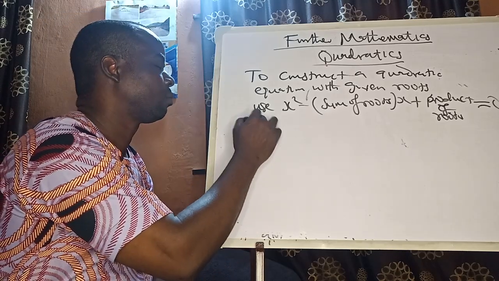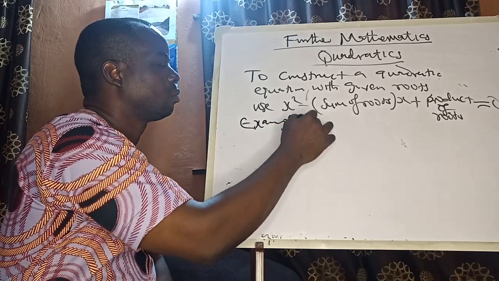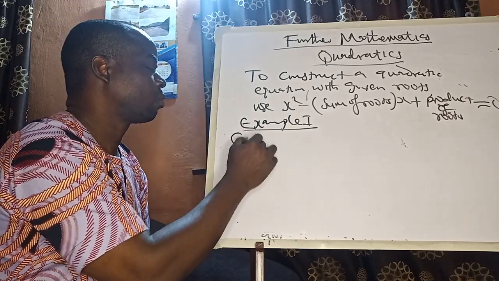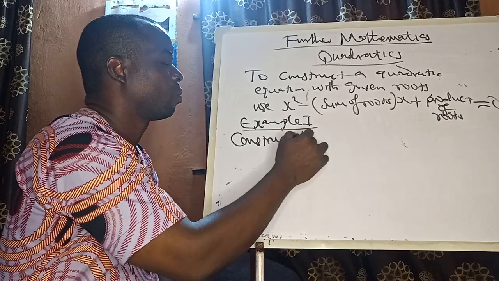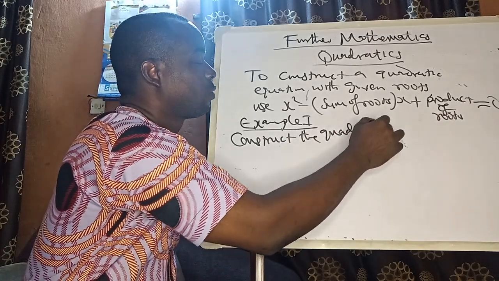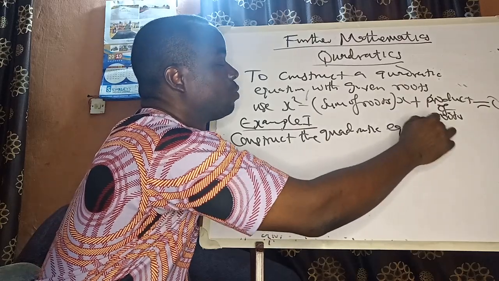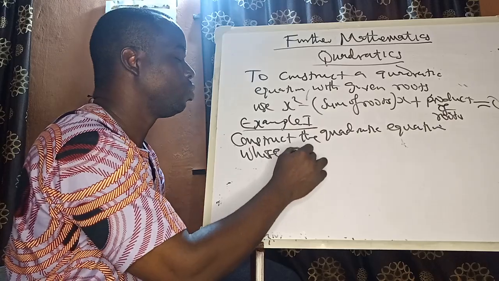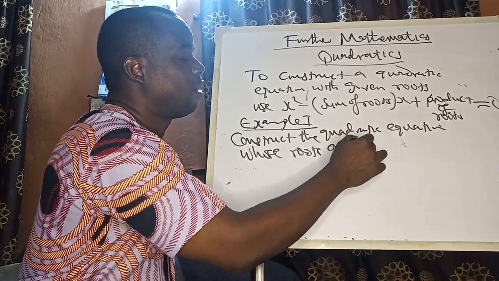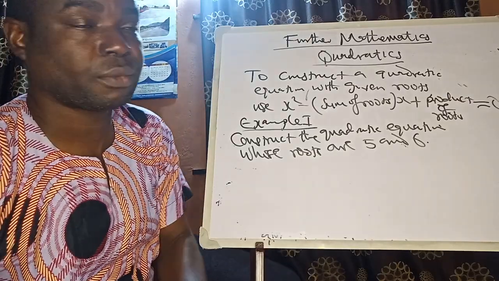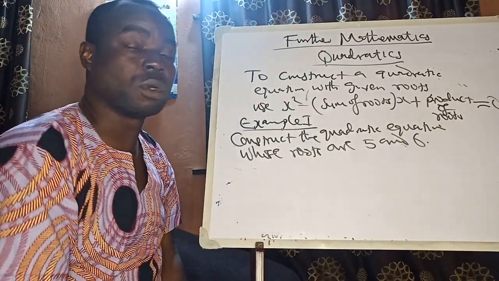Example 1. Construct the quadratic equation whose roots are 5 and 6. Let's start with this simple one before we now go to the main ones.